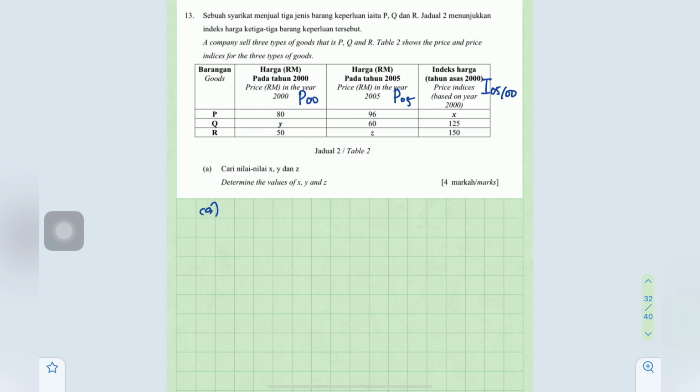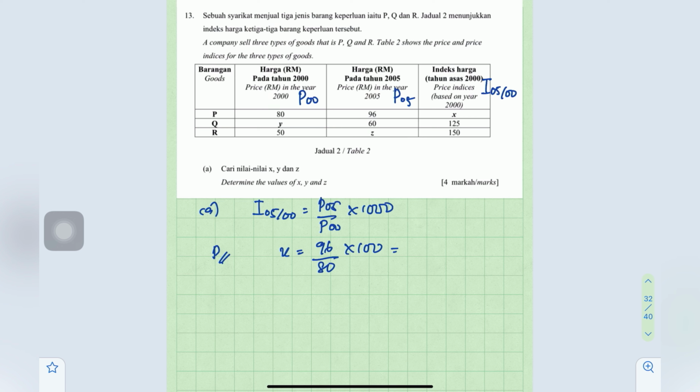Okay, so to find X by using formula of price index. Okay, so I price index 05 base 00 equals to price 05 over price 00 times 100. Okay, so untuk good P, X equals to 96 over 80 times 100.